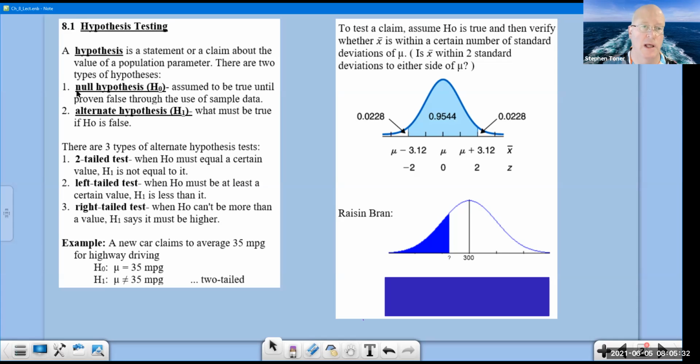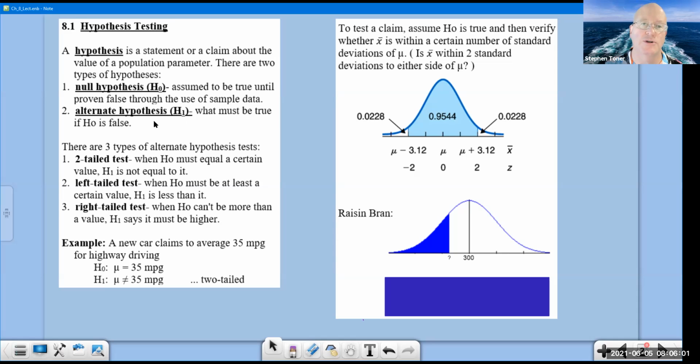We have the null hypothesis, which we will write H subscript 0, and it is what we assume to be true unless proven false through the use of sample data. Think of it as innocent until proven guilty. We have the burden of proof to show that a person is guilty in a trial.